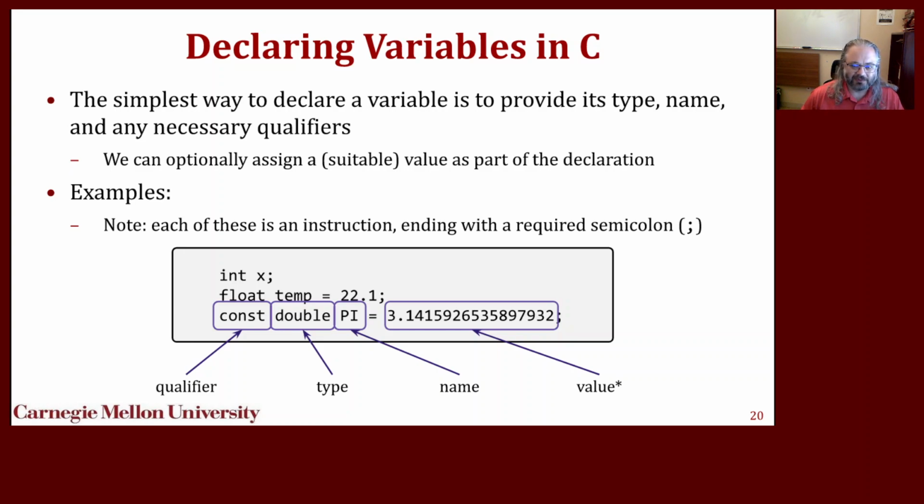And the answer is, I can give it however many correct decimal places of pi, but the type might not be able to hold all of those correctly. So I'm giving sort of the desired value, but the actual value might be a little bit different.